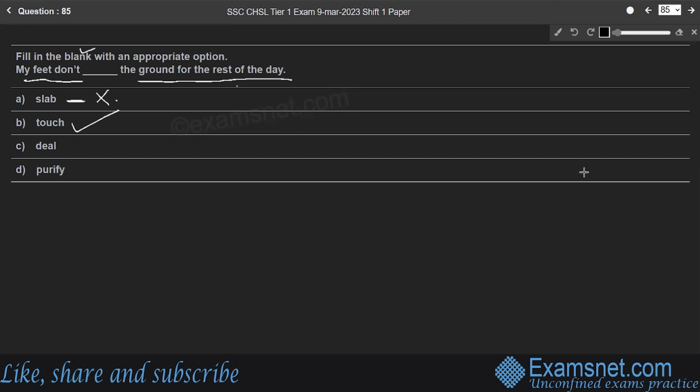Therefore, slab cannot be the answer. Whereas deal, option C, deal. So it doesn't fit as it means to handle or manage a situation which doesn't relate to the sentence. Therefore, deal is not the answer. Whereas purify, it is also unrelated as it means to cleanse or make something pure. Therefore, option B. So my feet don't touch the ground for the rest of the day is the right answer.